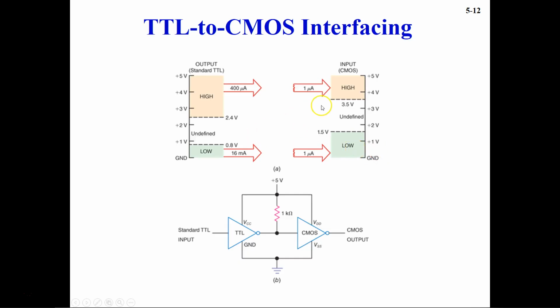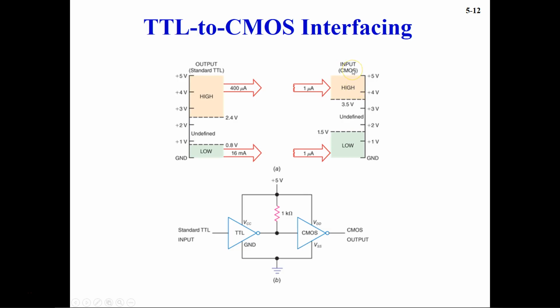And the range of possible high outputs from a TTL IC is from 2.4 to 5 volts, whereas for CMOS it's from 3.5 to 5 volts. So you see that this high voltage does not fit within the high range of the CMOS IC. This incompatibility could cause problems.